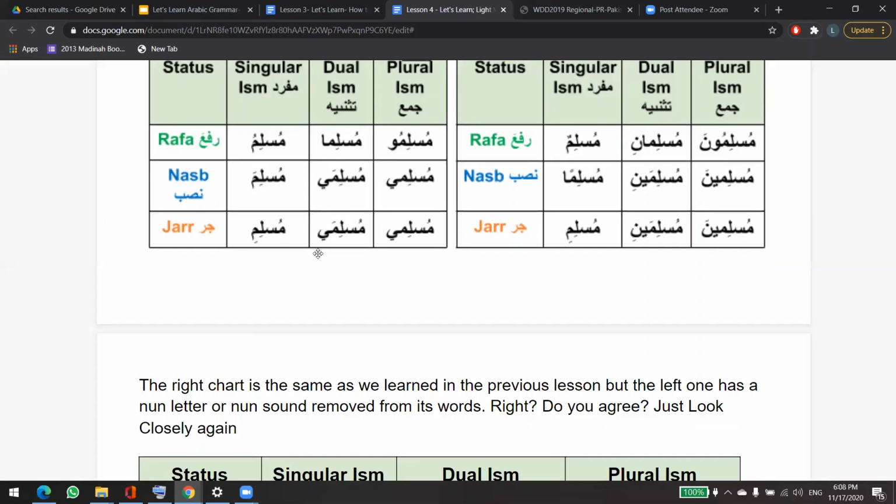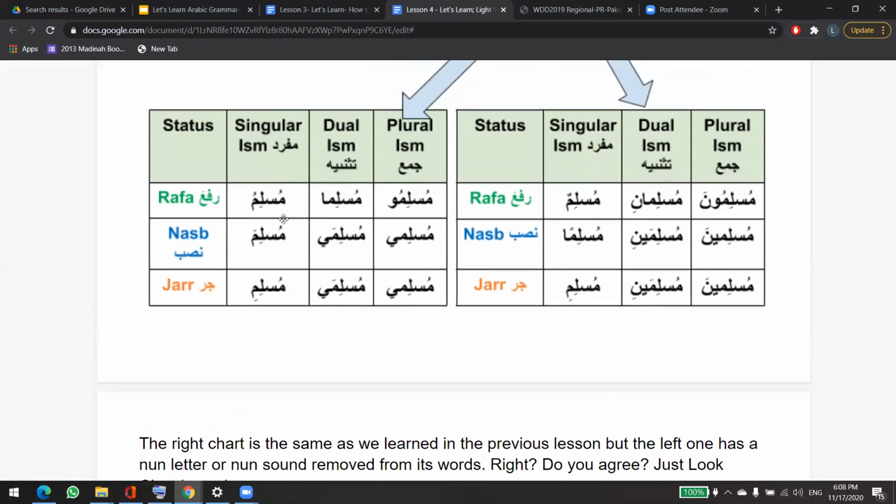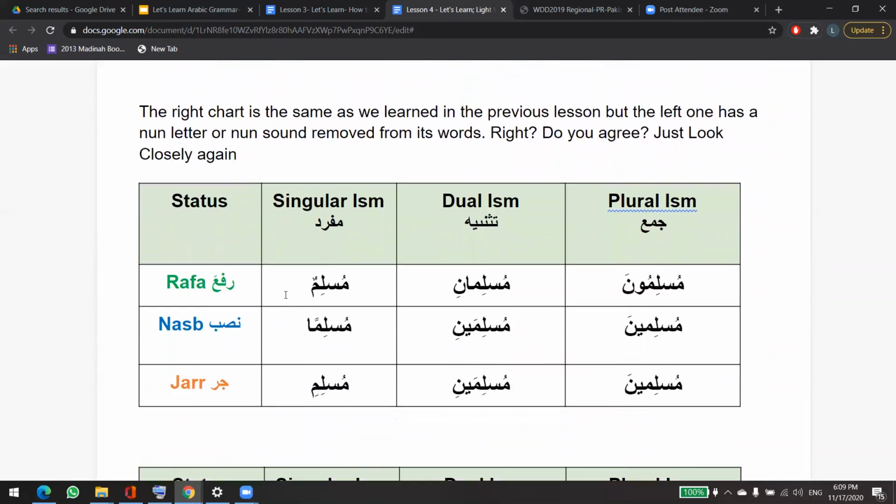Just look closely and see, do you agree? For singular ism, instead of Muslimun, over here it's Muslimu. For Musliman, we have Muslima. For jar status, Muslimin, we have Muslimi.